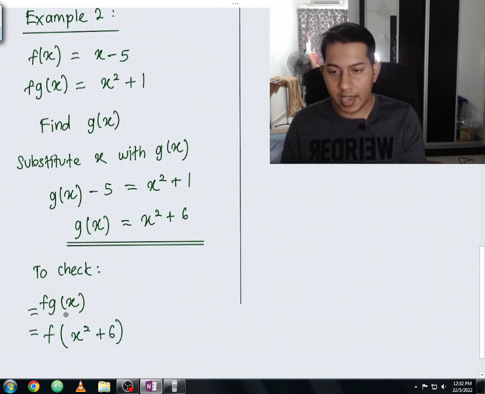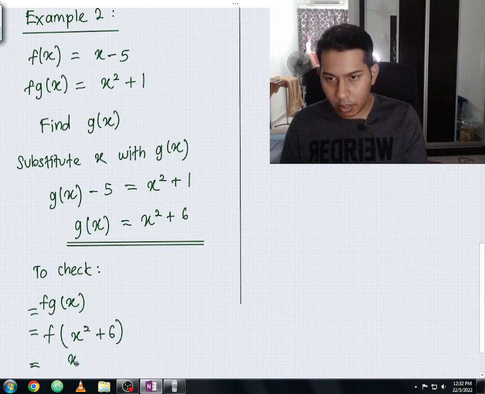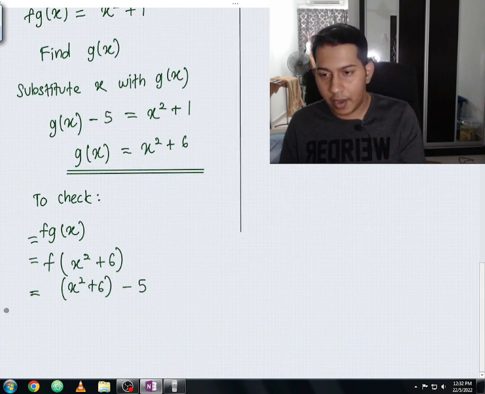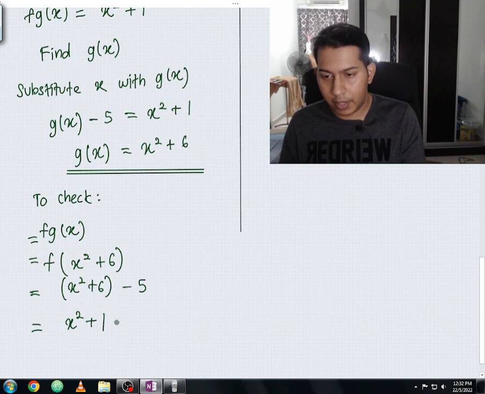This g(x) is mapped into the function f(x). So from here x squared plus 6 minus 5. You calculate this, you should get your fg(x) is equals to x squared plus 1.